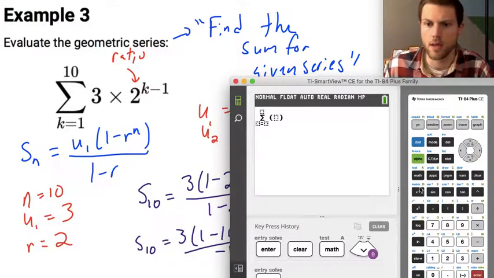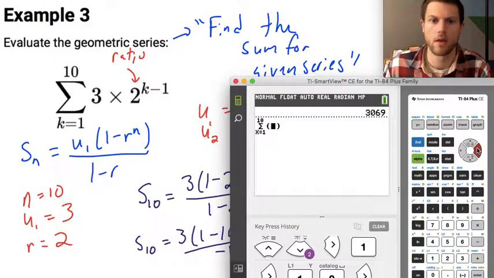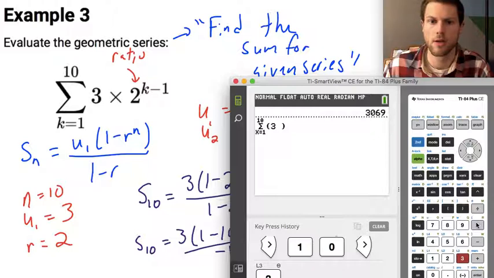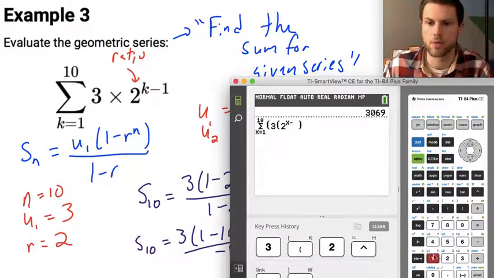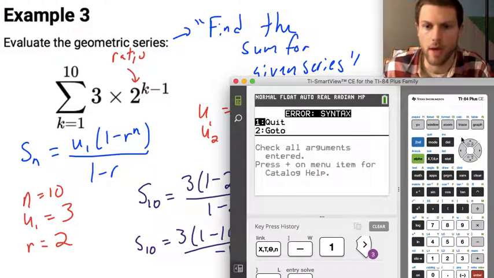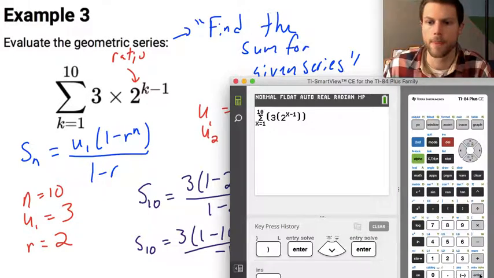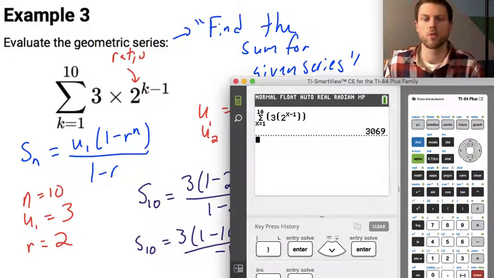And I'm going to type in x equals 1 to 10, and my equation is 3 times 2 to the x minus 1 power. And I'll close up that parenthesis. So hopefully we'll get the same number. Oh, I have a problem with my syntax. What's my problem? Oh, I have one extra parenthesis in there. So there it is, 3069. We made it. So that's good.